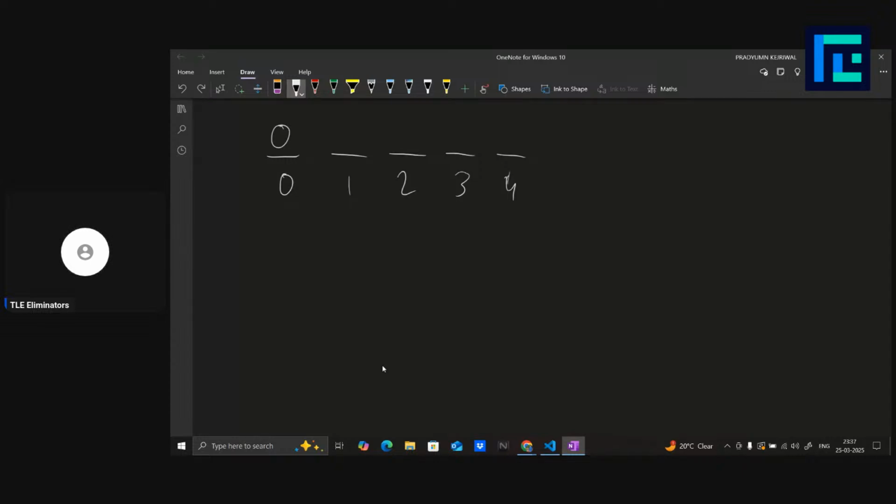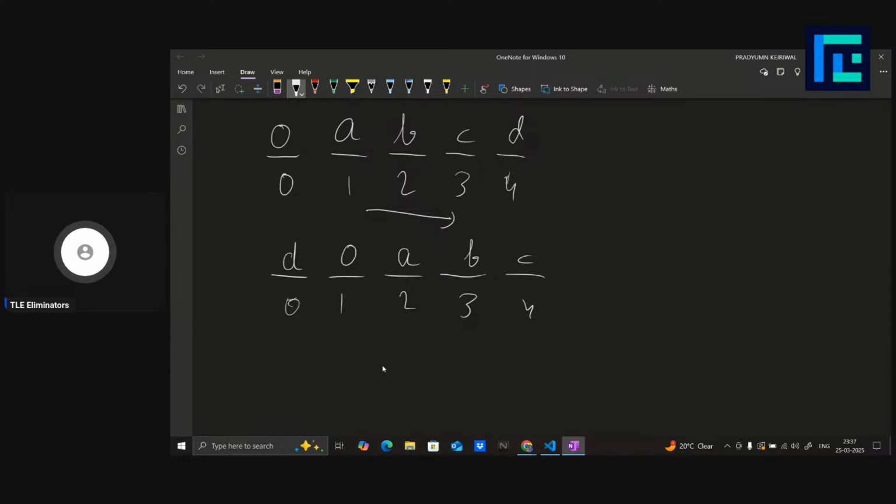Let's say I have A, B, C, D here, and I right shift this. With indices 0, 1, 2, 3, 4, it will become D, 0, A, B, C.